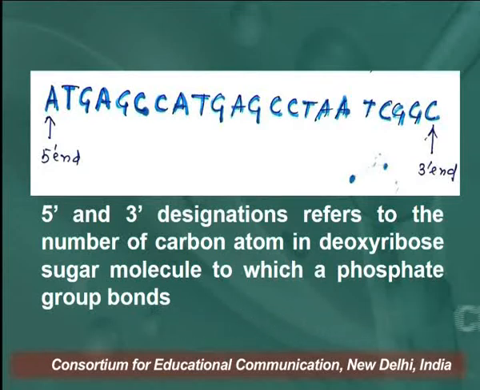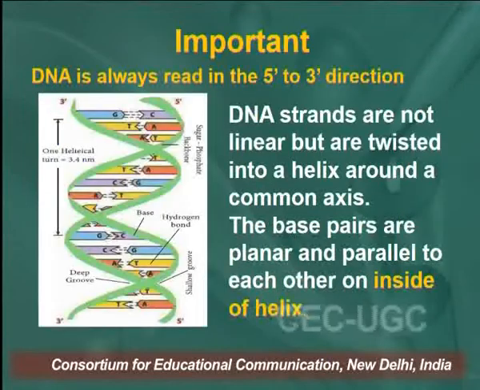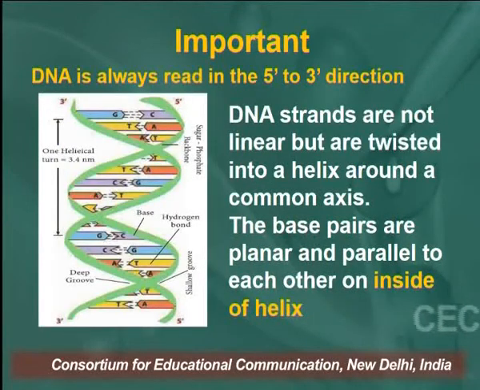So the 5' and 3' designation refers to the number of the carbon atom in the deoxyribose sugar molecule to which a phosphate group is bonded. And DNA is always read in the 5' to 3' direction. So it is a very important point.